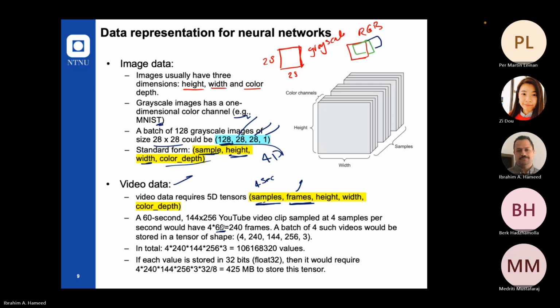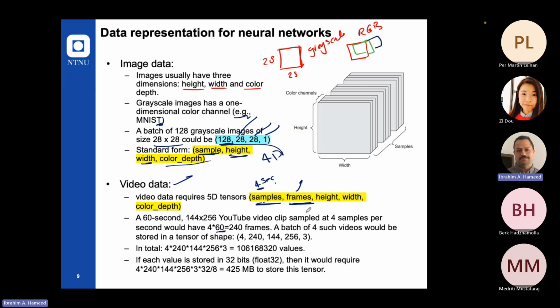Maybe it's too much, no problem. So in this case, the number of frames will be 4 times the number of frames per second. If you have 60 or 24 frames per second, the number of frames will be the number of seconds multiplied by the number of frames per second. So now we get the number of frames.